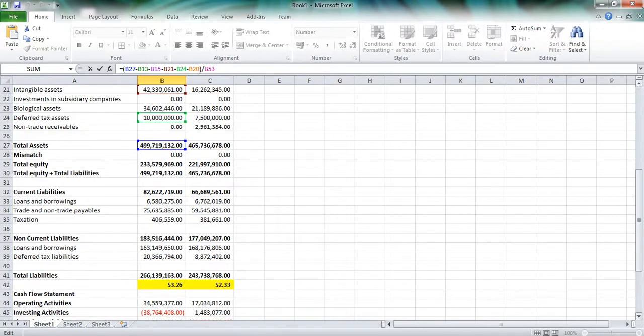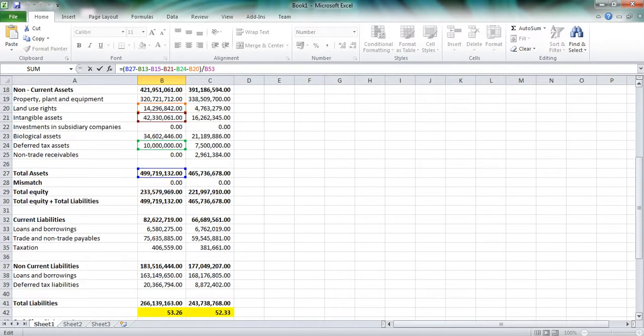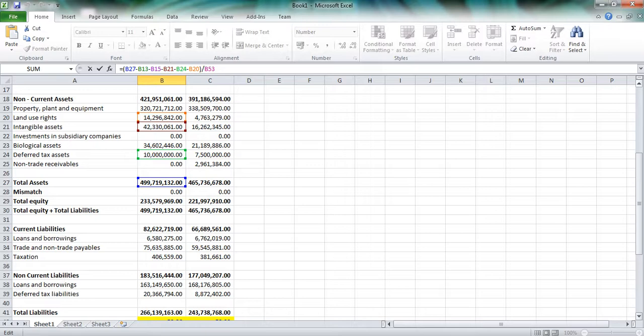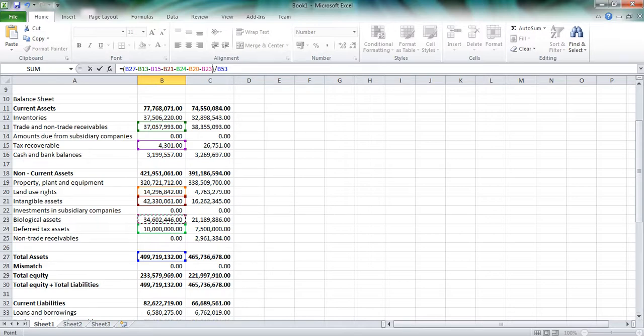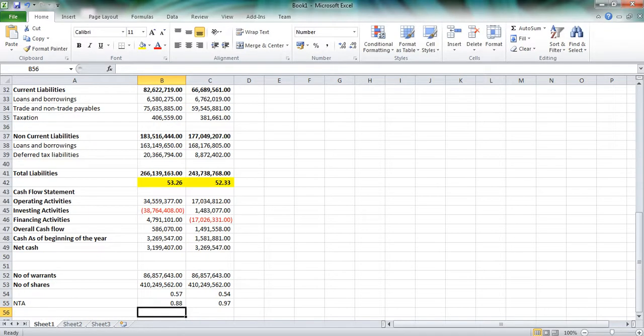Just have a look over here. Biological asset. So this one is a real thing. Inventory is still something that can be sold. So these are three things that you can see.